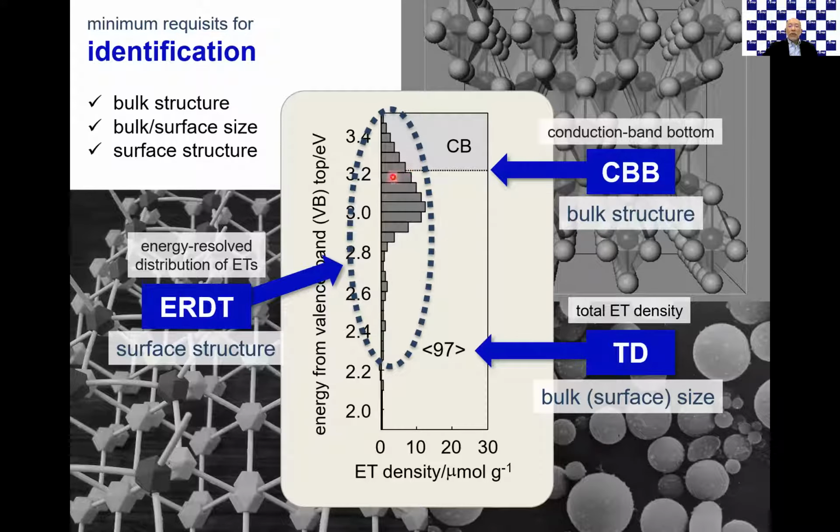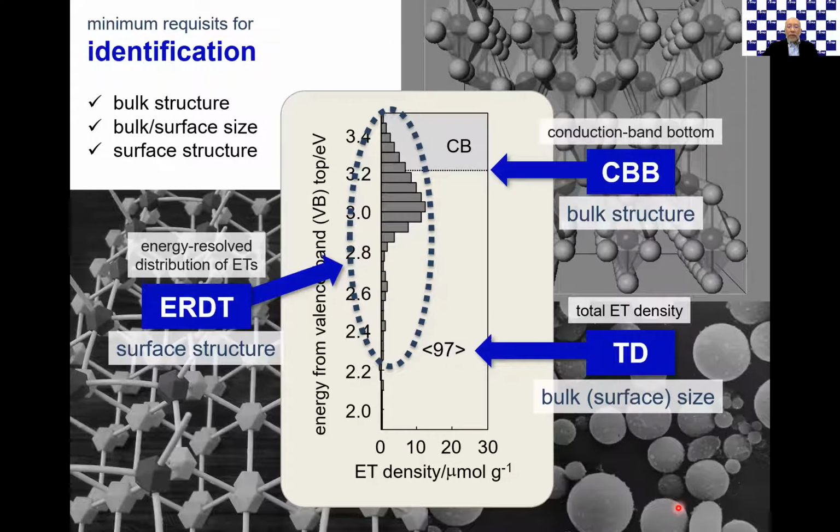And the CBB position reflects the bulk structure, and the TD, that is almost proportional to the specific surface area, means the TD reflects the bulk or surface size. So therefore, the ERDT CBB pattern reflects all the required structures. So that is the one important point.